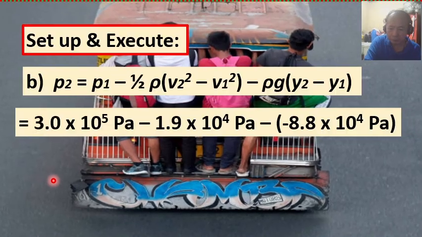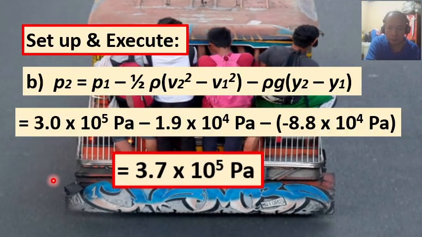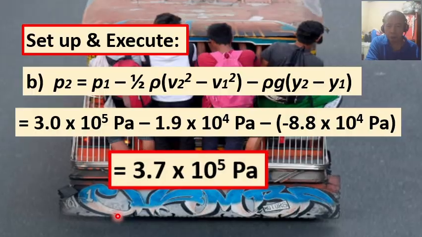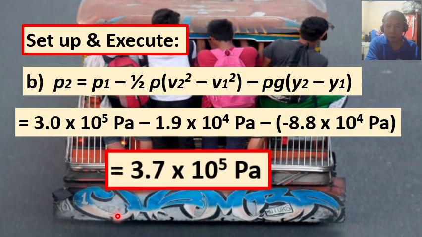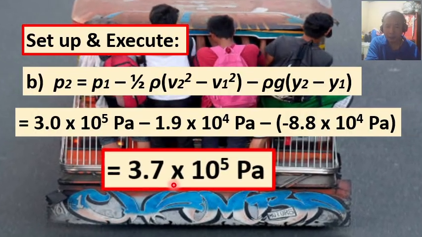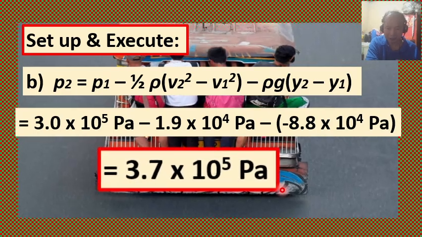And that would become P2 with a value of 3.7 times 10 to the 5th power Pascal.